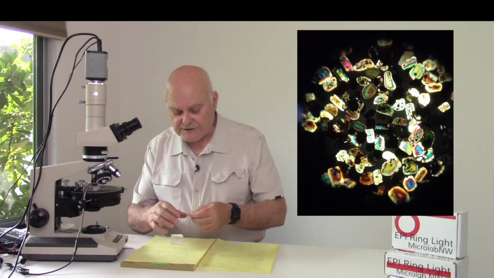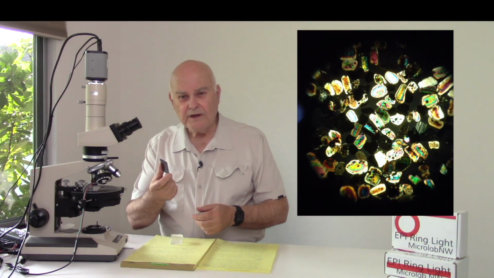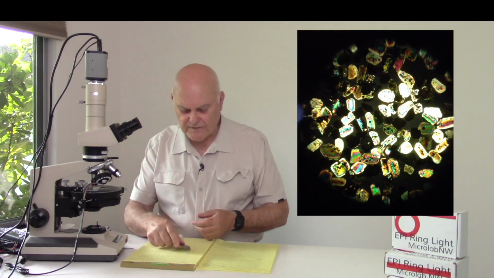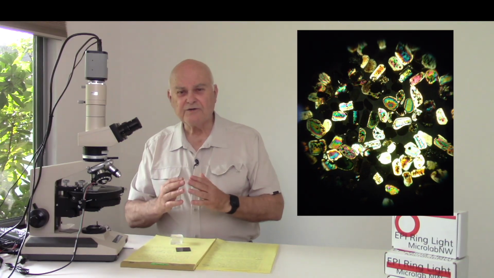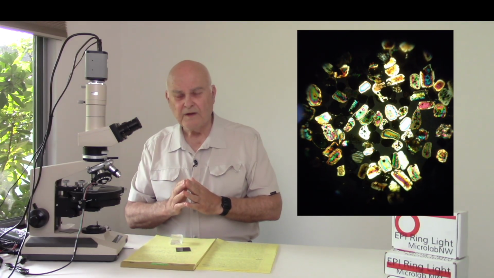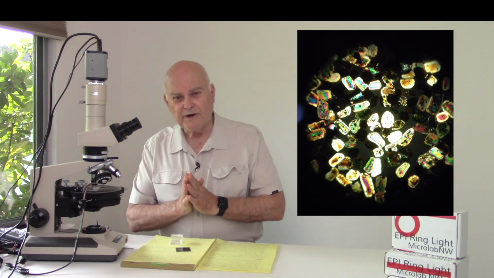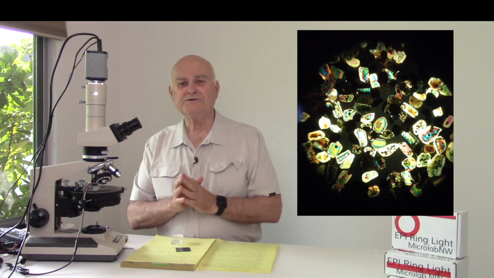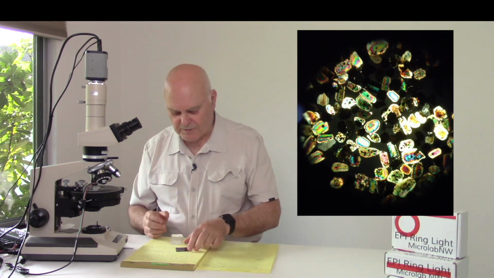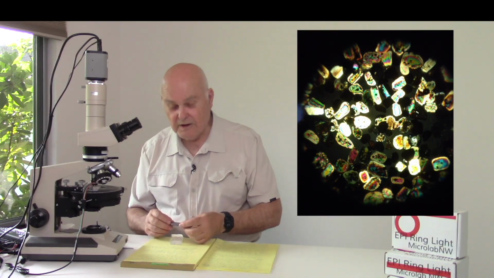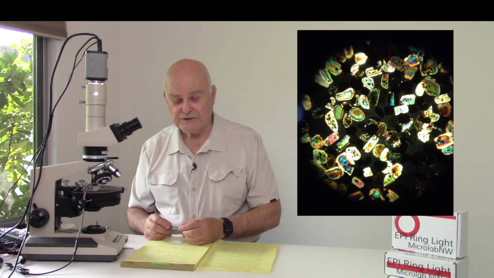But the paths, when they come through the polarizing filter, are caused to interfere with one another. When they interfere with one another, they create colors. And that's where we see the colors when polarized light is used.